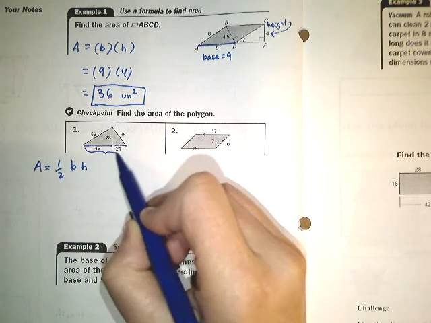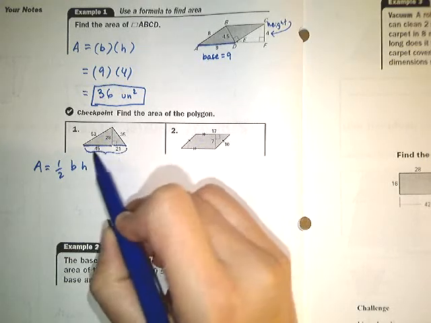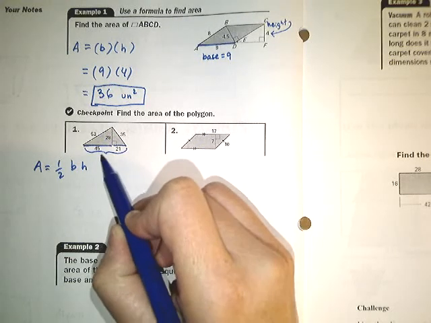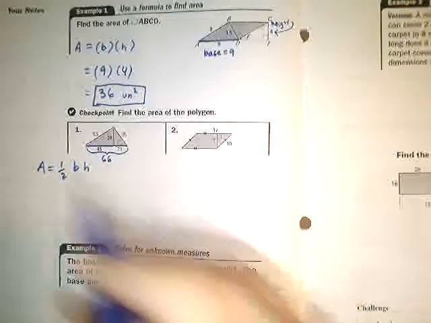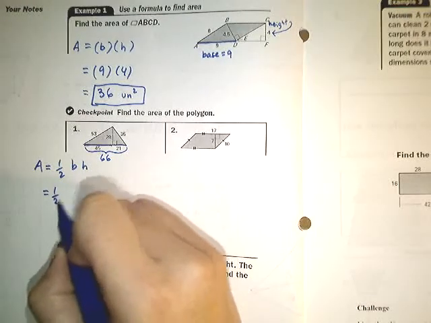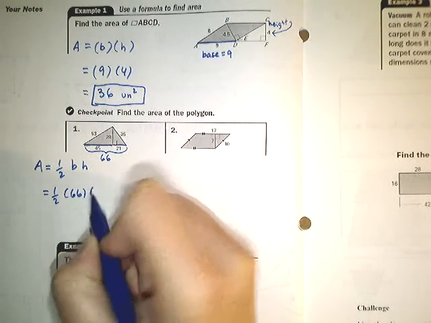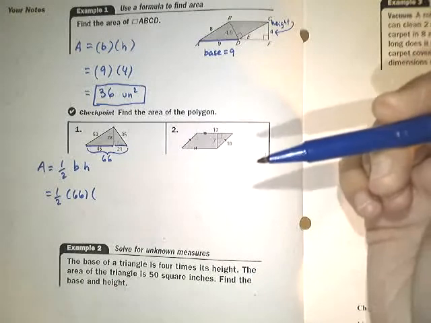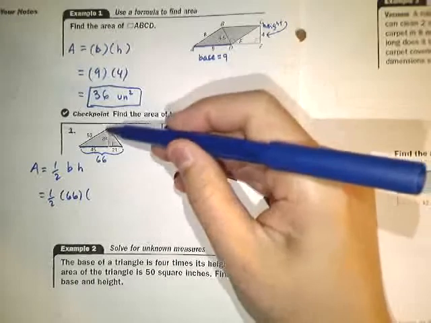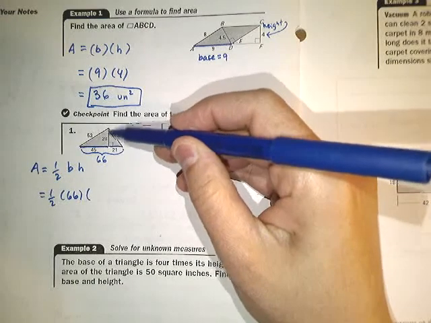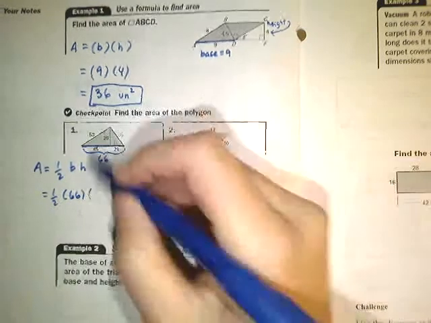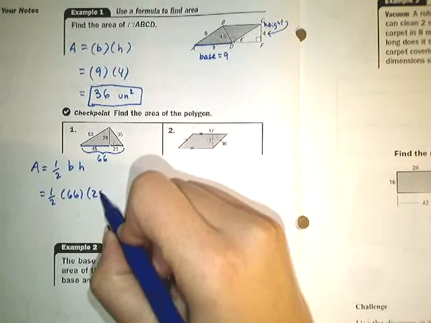So this entire distance all the way across can be found by adding 45 plus 21, which is 66. So that's going to be my base. And then the height is always measured on any object from the highest point straight up and down to the base, right? So that would be 28.